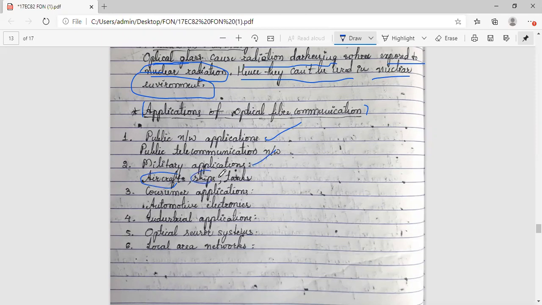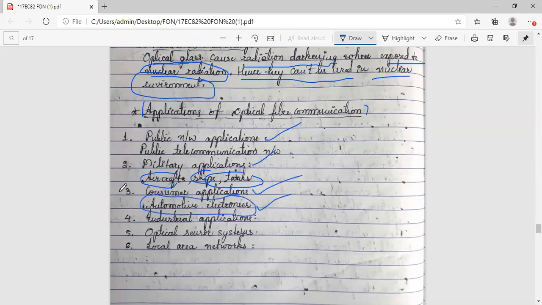Military applications, in case of aircrafts, ships and tanks, optical fiber cable communication is used. Don't think about how optical fiber is used in aircrafts; I'm talking about optical fiber communication. Even consumer applications, probably as a decorative piece, and automotive electronics.